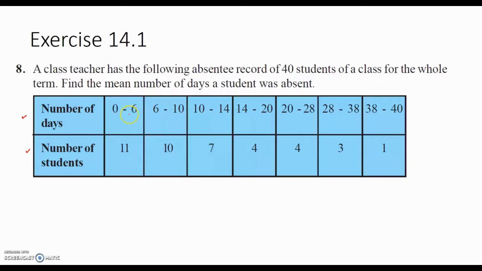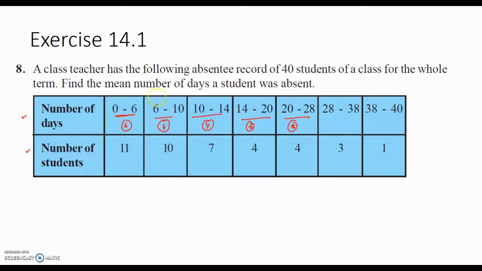One thing you might find interesting is that the class size here is not constant. 0 to 6, the difference is 6, and 6 to 10 the difference is 4, and again the difference is 4, then 6, 8. So the class size is different. Even if the class sizes are different, you will continue to use the same method as in the previous questions.